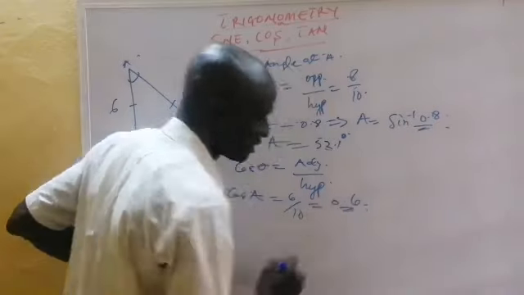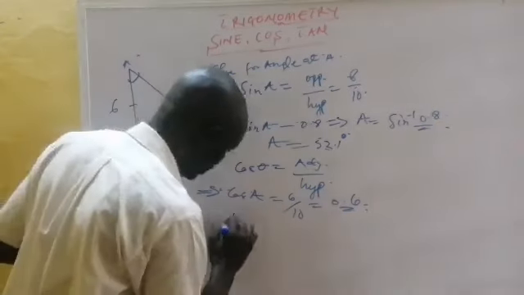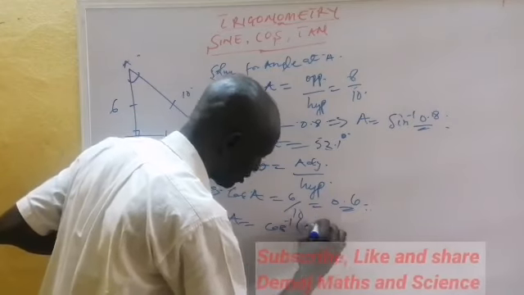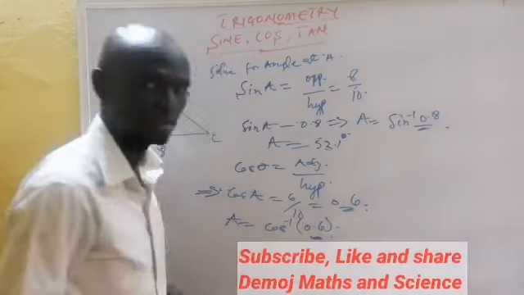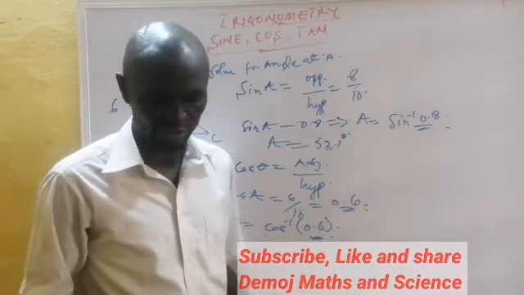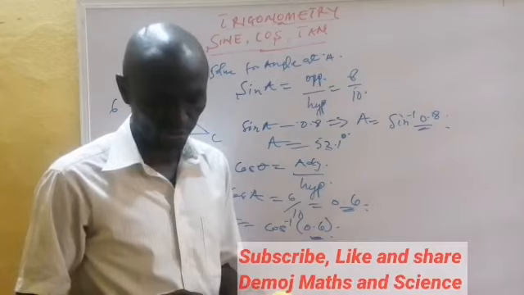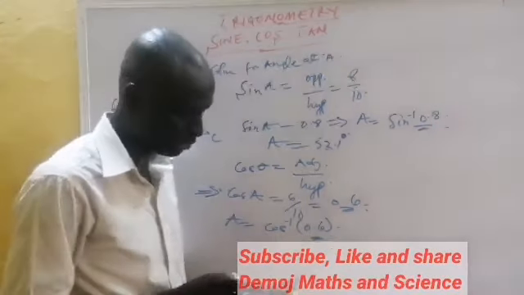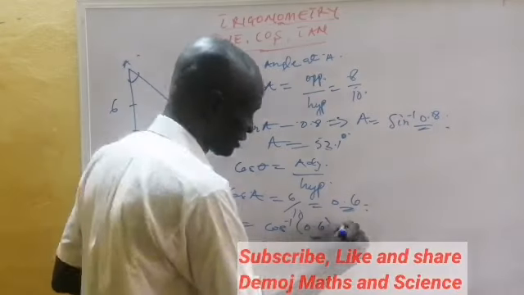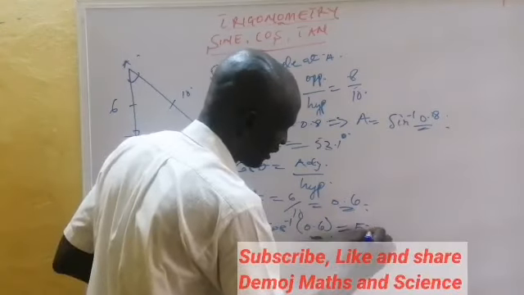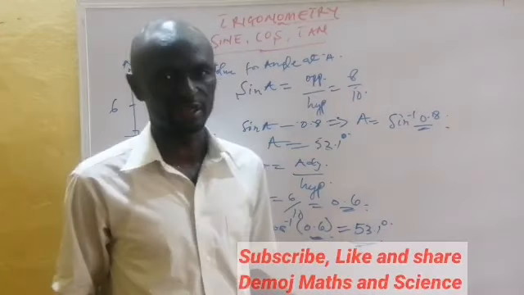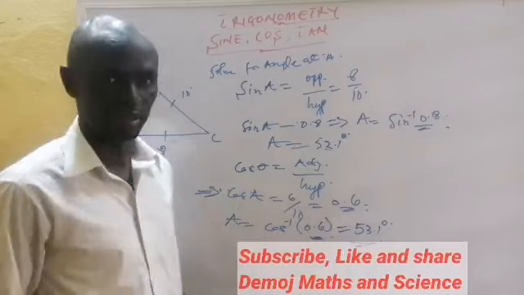That's equal to 0.6. A is the cos inverse of 0.6. Now, you can either use your calculator or your four-figure table. The cos inverse of 0.6 is about 53.1 degrees. So whichever route you decide to take, you'll get the same thing.